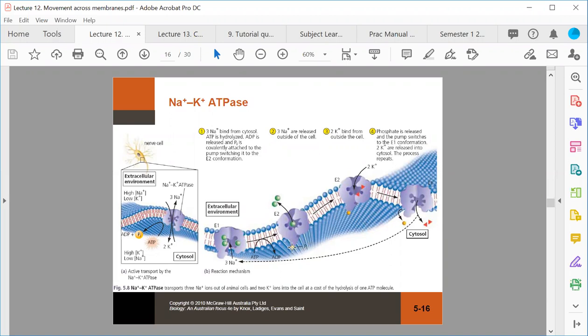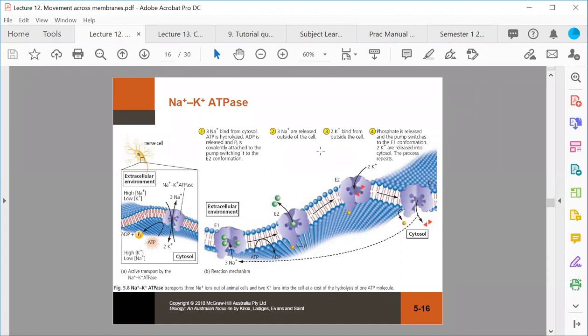When the phosphate covalently attaches to the sodium potassium ATPase, this induces a conformational change in the membrane protein, and you can see now that it's changed shape, and those green sodium ions can be released to the outside of the cell.